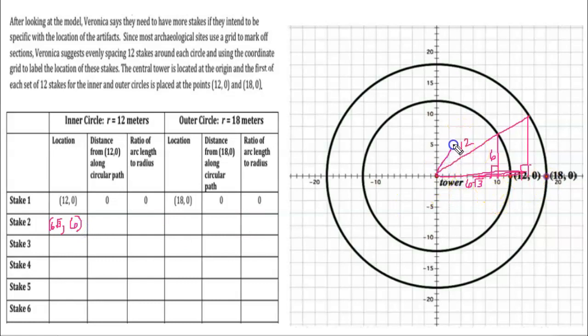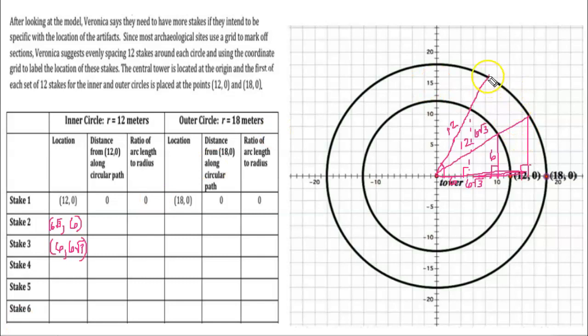And for the third stake, stake number 3, that's that 60-degree angle. Again, if our radius is 12, the shorter side is 6, and the longer side is 6 square roots of 3. So its point is going to be 6 square roots of 3.